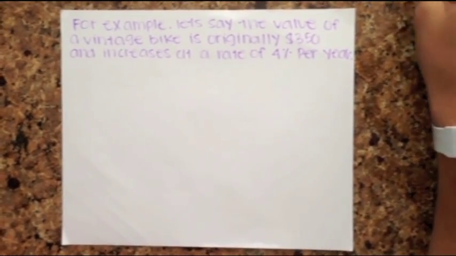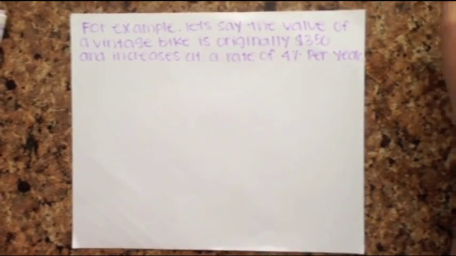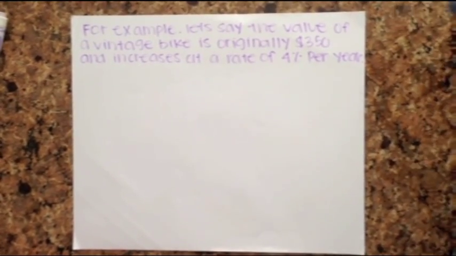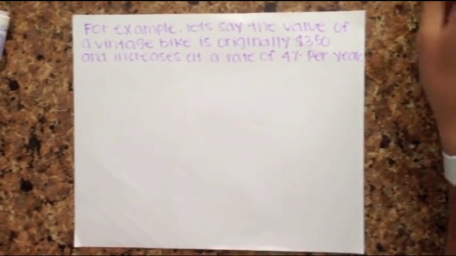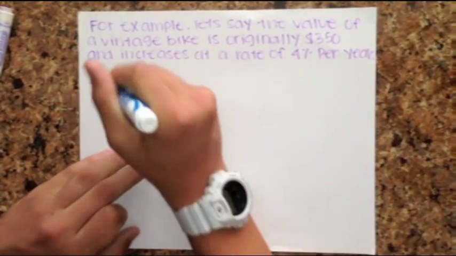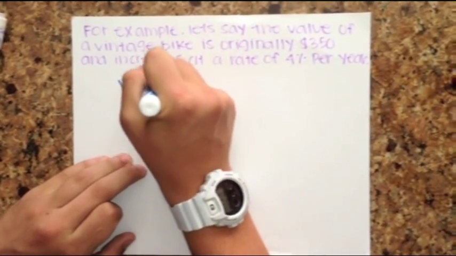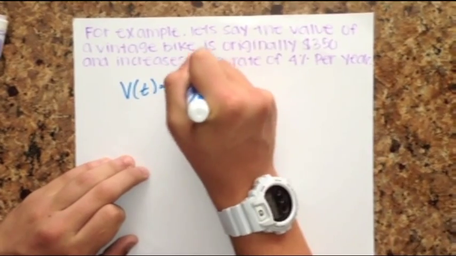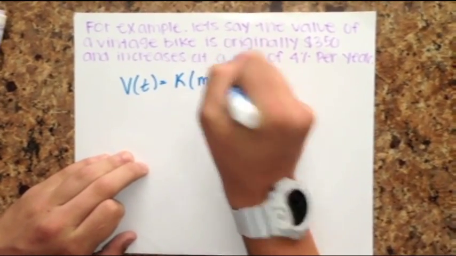And that's it. For example, let's say the value of a vintage bike is originally $350 and is increasing at a rate of 4% per year. Now let's recall the equation v of t is equal to k times m to the power of t.